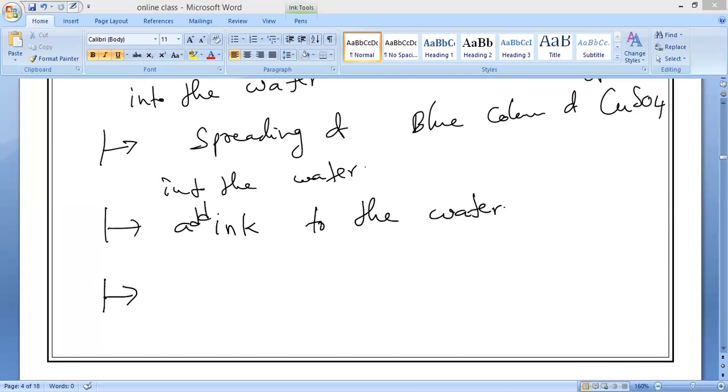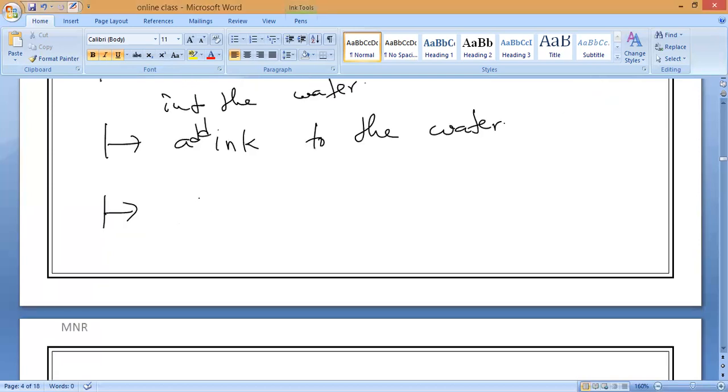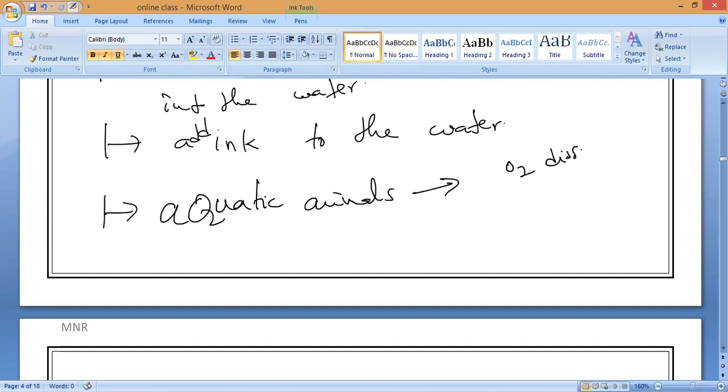Have you noticed how aquatic animals survive? They are breathing oxygen, which is dissolved in water.